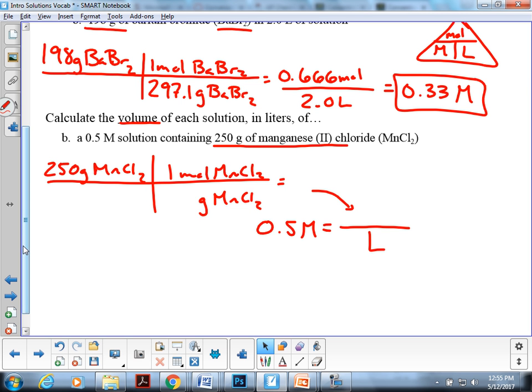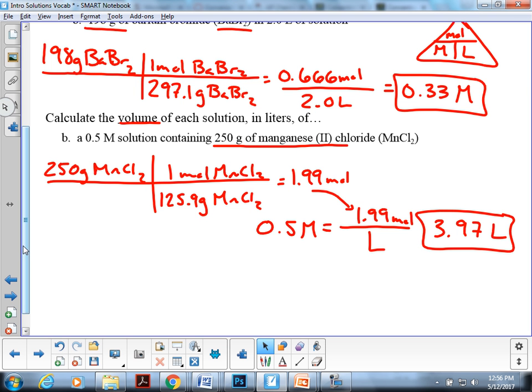Cover up liters, see what's divided or multiplied. You should be able to get it. I know my answer is a little different on the answer key, but it's close. I think I have it being exactly 4.